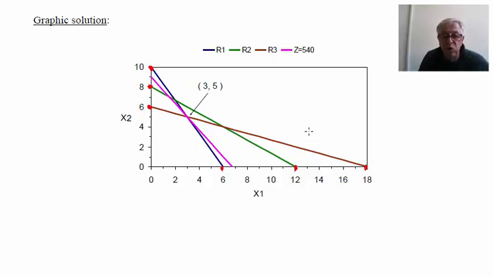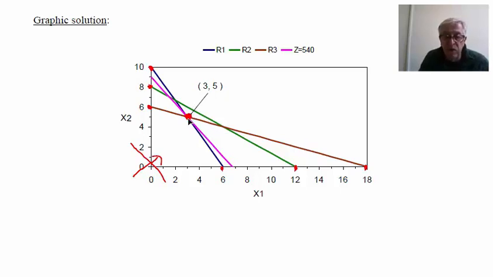So we consider the inclination of the lines of z, which we represent here in pink, and we start here with these lines, and we conclude that we arrive to this point, which is the optimal one.